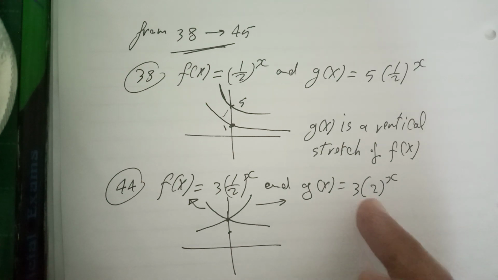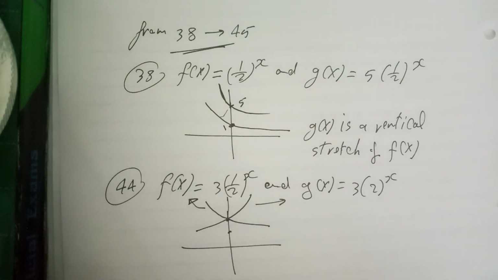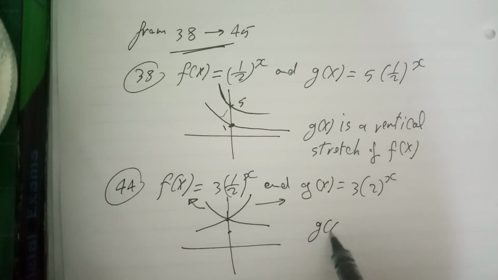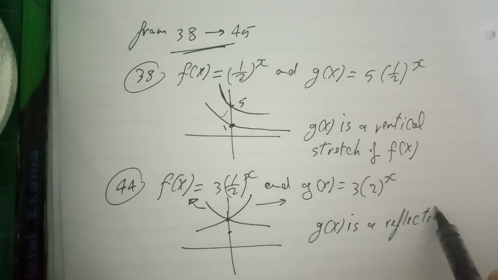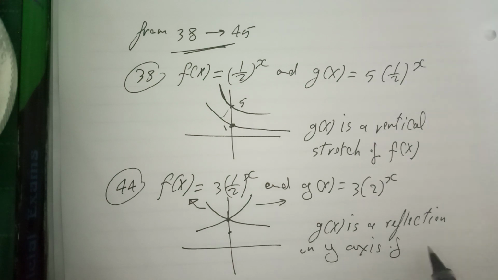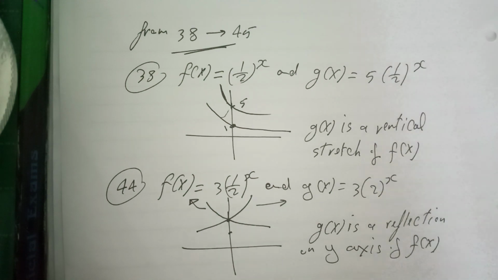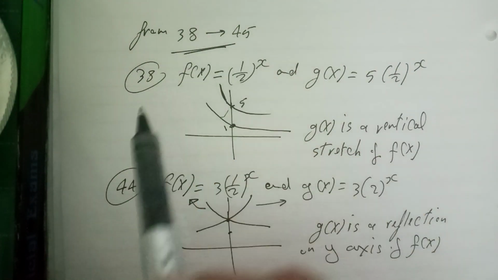So I can say that this is a reflection on the y-axis of this. g(x) is a reflection on the y-axis of f(x). That's all. Right? Okay. And this part of exercise from 38 to 45.